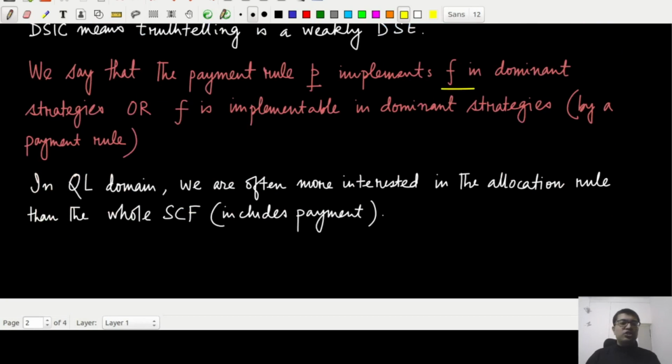One small remark is that in quasi-linear domain we are often more interested in the allocation rule, and that is the reason we sometimes keep the payment rule as implied, because the payment will always exist if the mechanism is implementable. And so we are more interested in the allocation rule that we can implement, rather than the whole social choice function, which also includes the payment part.